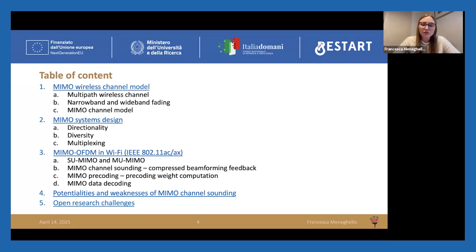And finally, I will conclude by showing you some of my research about the potentiality and the weaknesses of the channel sounding procedure implemented in Wi-Fi networks, that is the procedure used to obtain an estimate of the MIMO channel, and then some open research challenges that I think deserve further investigation for next generation MIMO networks.